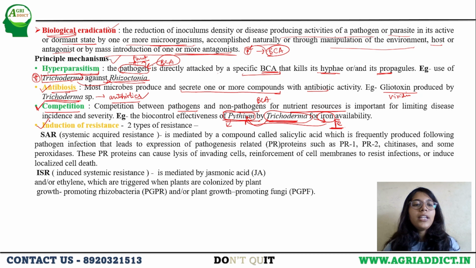It can also be done by the induction of resistance. Resistance in the host can be induced by two methods, or there are two types of resistance: systemic acquired resistance and induced systemic resistance. So what is SAR, or systemic acquired resistance? It is mediated by the compound generally called salicylic acid, which is frequently produced following pathogen infection, and that leads to the expression of the pathogenesis related proteins, that is PR proteins, PR1, PR2, chitinases, or other proteins, and some peroxidases.